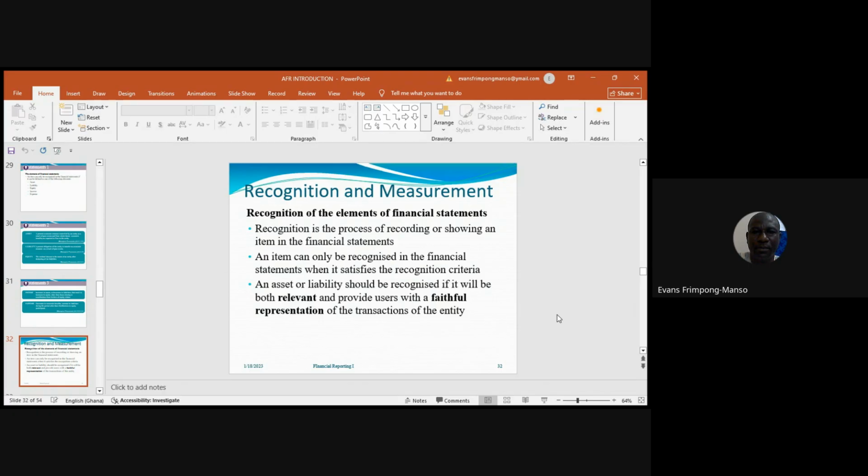And we have so many measurement criteria that we can use, depending on the type of item that we want to recognize on the financial statement.